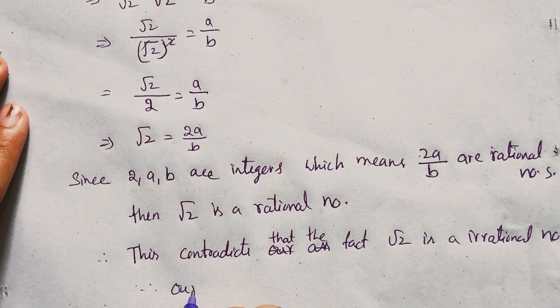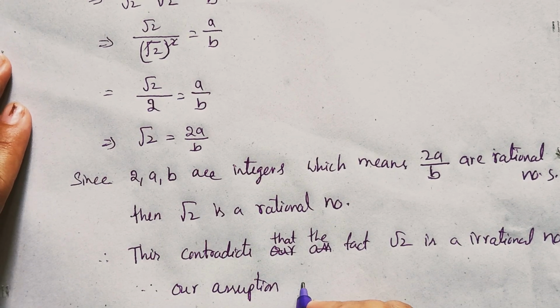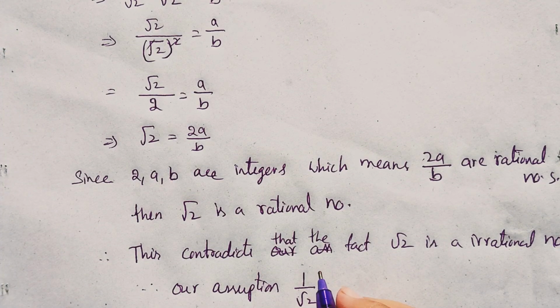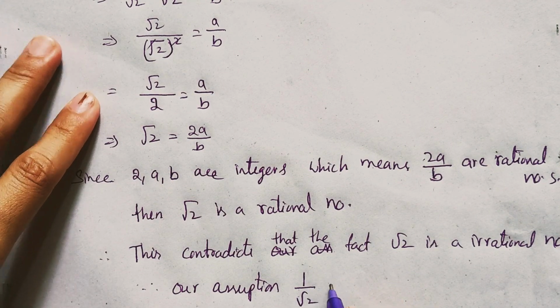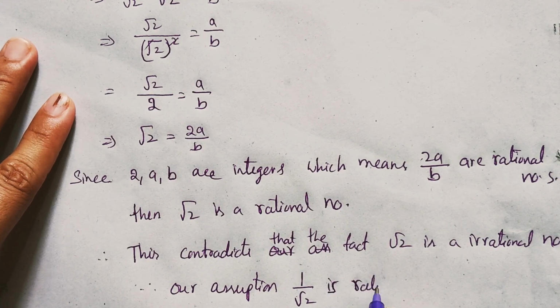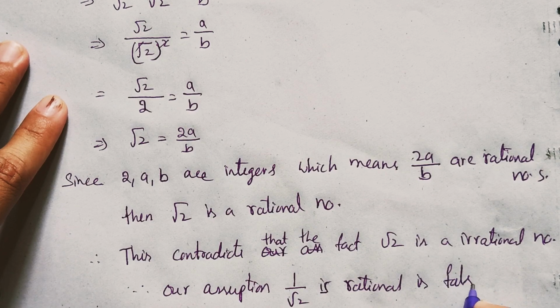Therefore, our assumption, which is that 1 by root 2 is rational, is false.